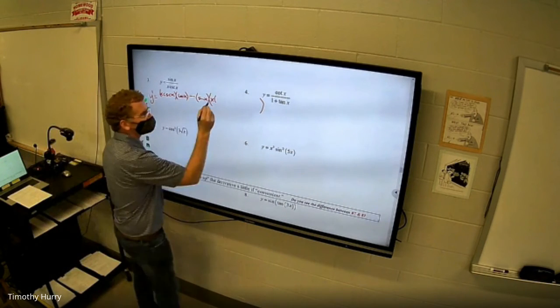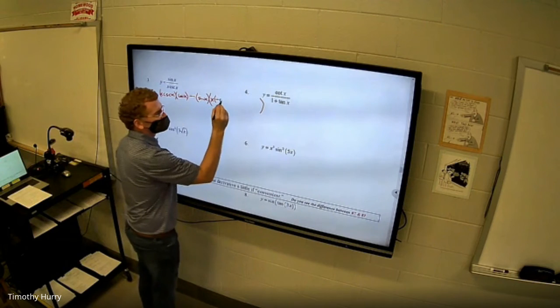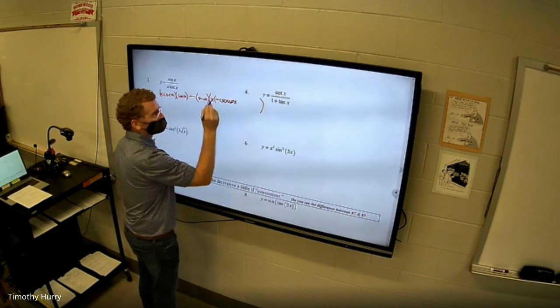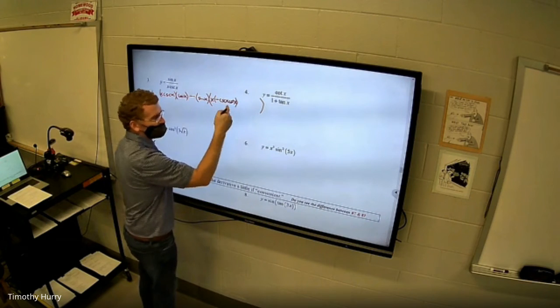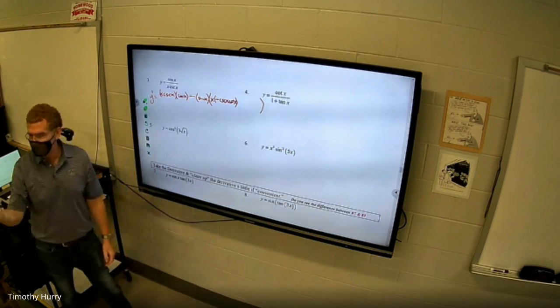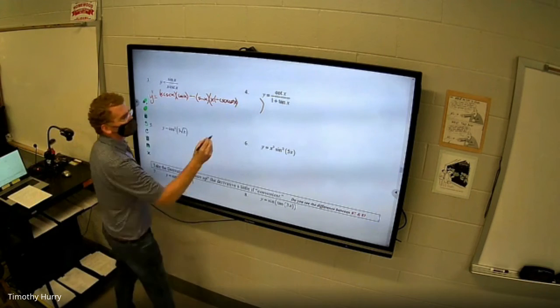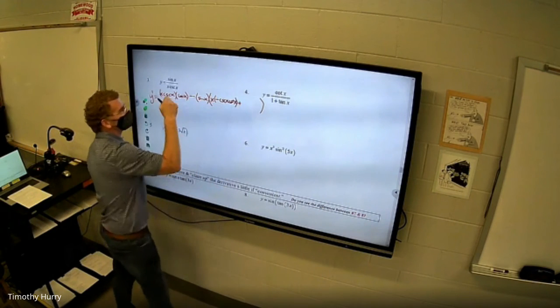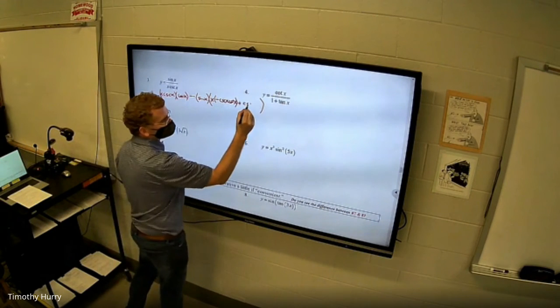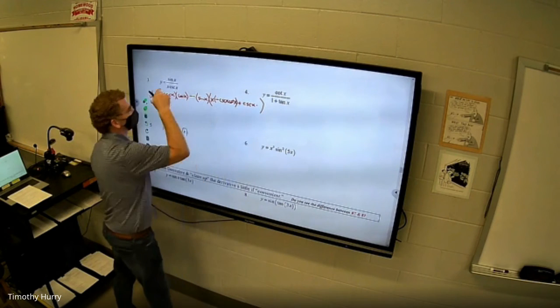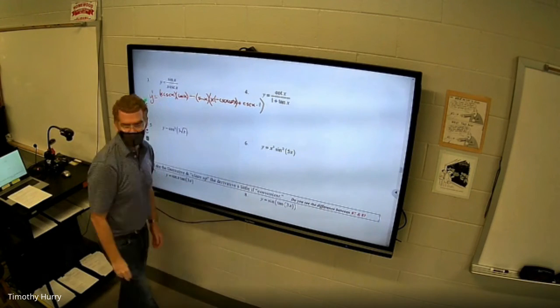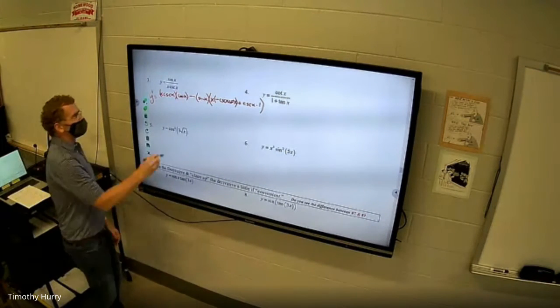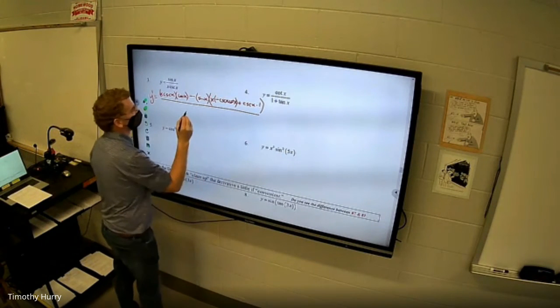So negative, make sure you have parentheses, cosecant x cotangent x. First, d second, and again, the derivative of the x is 1, so I'm not bothered. Plus second, which is cosecant x, times the derivative of the first, which is just a 1, which I don't have to write. All of that over the low squared.